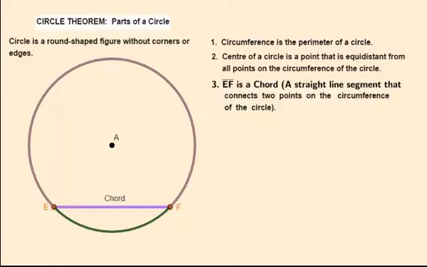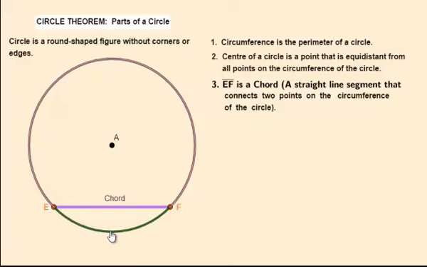Again, the chord divides the circumference of the circle into 2 parts. We can see that there is a curve beneath the chord and another curve above the chord. We can see that the curve beneath the chord is very small as compared to the one above.